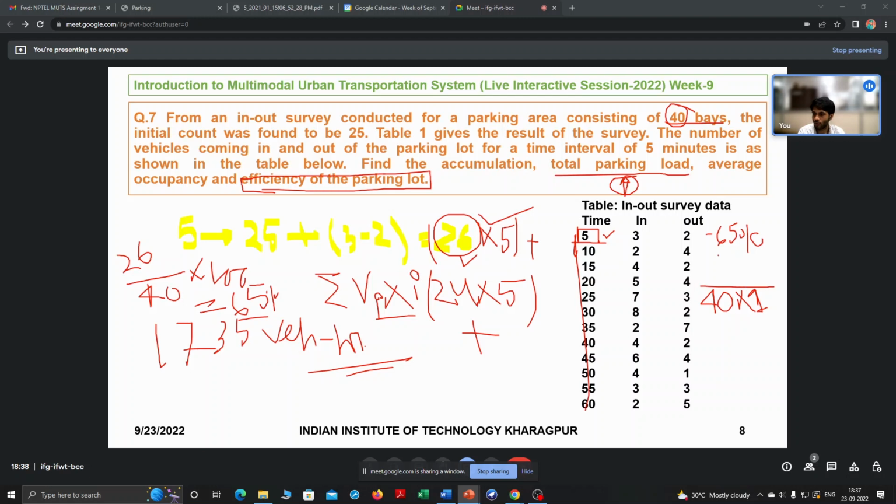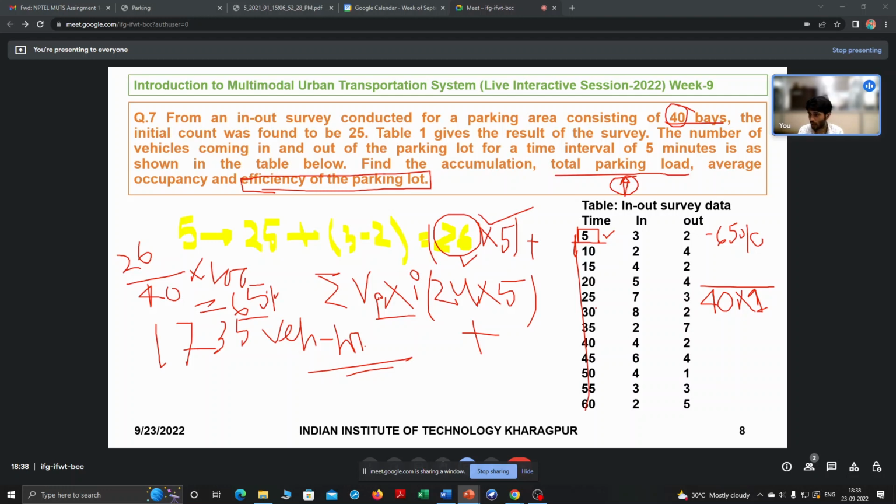Now you need to see what the parking load is. Suppose the parking load is 1735.